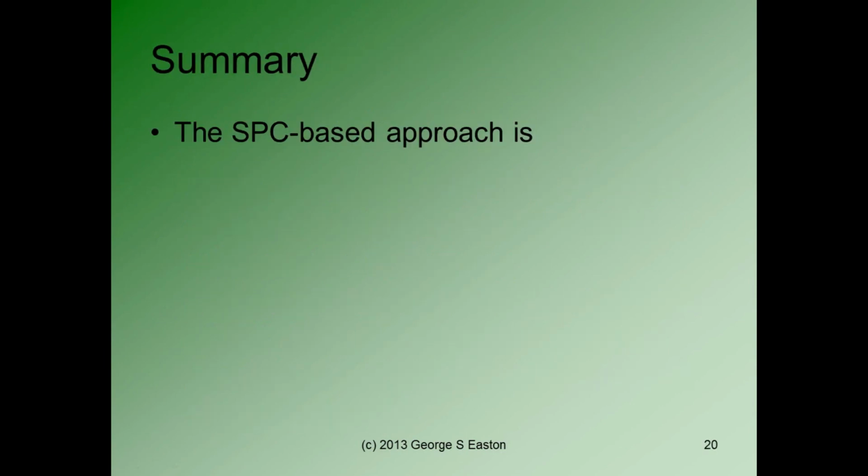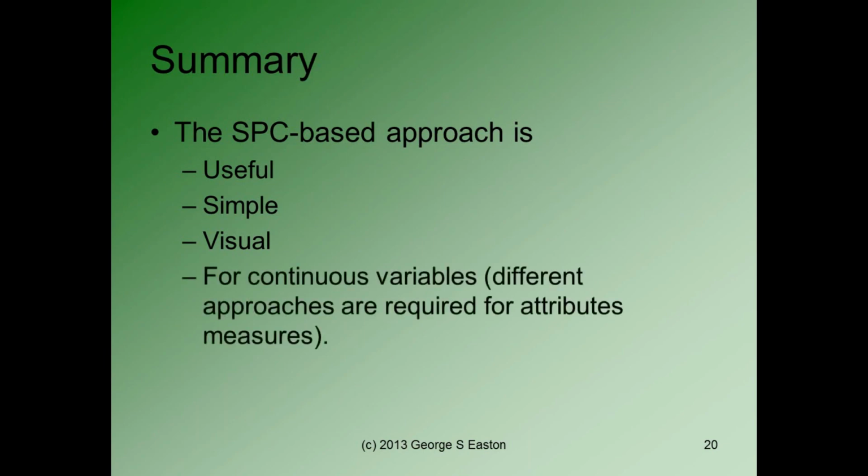So I'm going to close with the following summary. This SPC-based approach for gauge qualification to determine if a gauge is capable is very useful. It's pretty simple to do, and in fact it's kind of fun too, because it's turning SPC on its head. It's visual, and visual techniques are oftentimes a lot more powerful. But it is only for continuous variables.